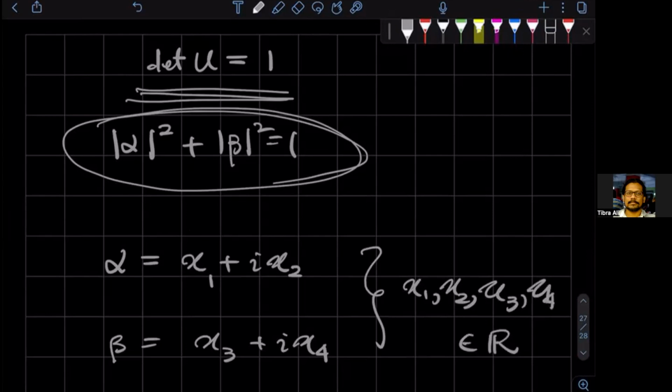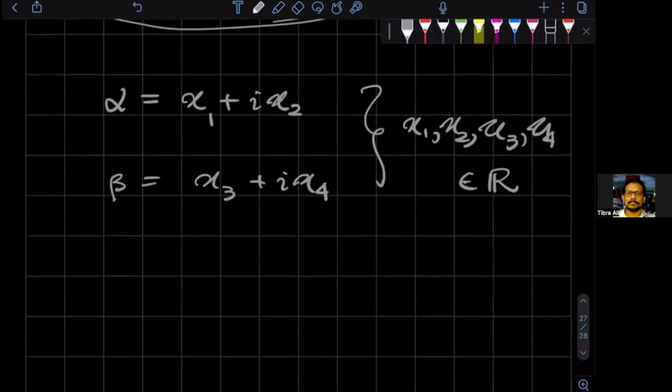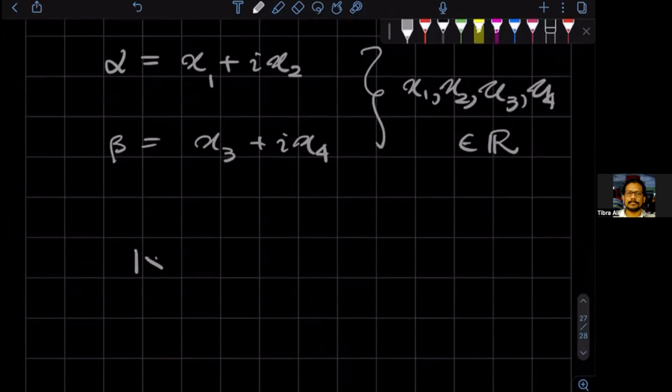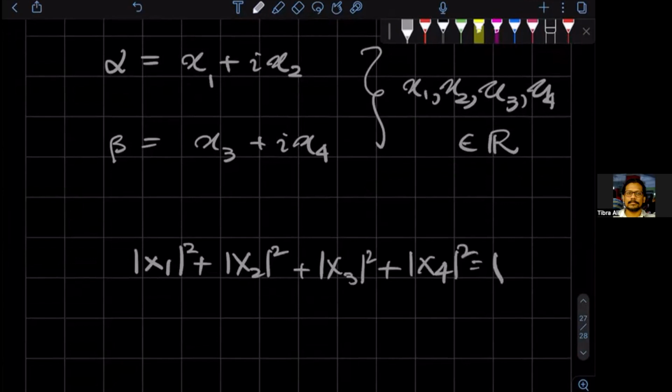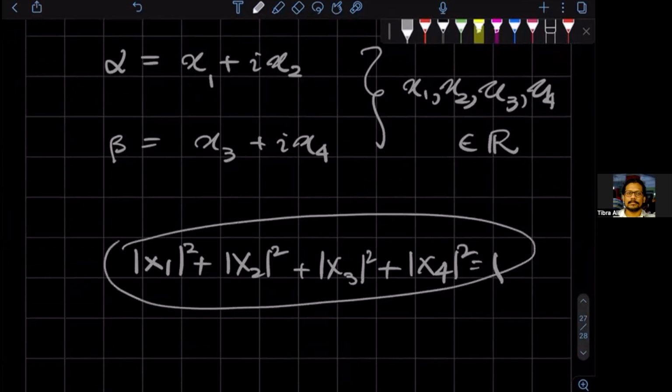If I now express this equation in terms of 4 real numbers, I get x1 squared plus x2 squared plus x3 squared plus x4 squared equals 1. What does this equation describe? A sphere in 4D, a spherical surface.